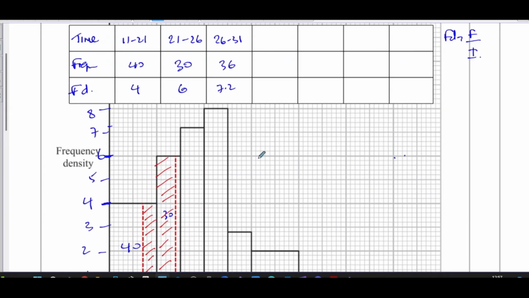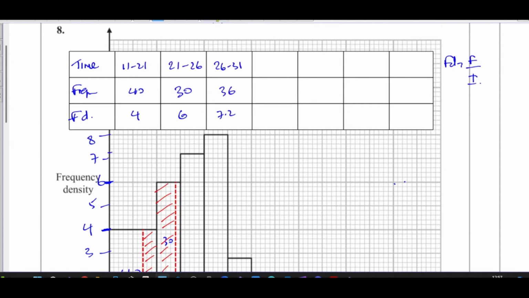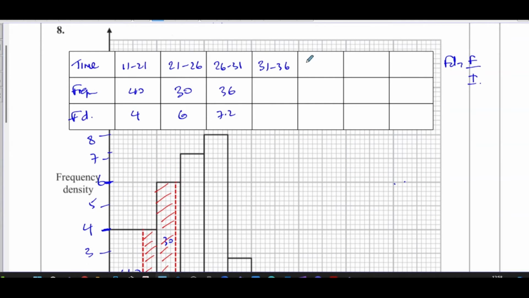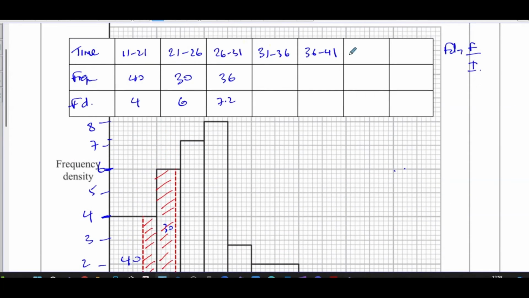Now we have 26 to 31 already done. The next category is 31 to 36. And then we have 36 to 41. And then we have 41 to 51.